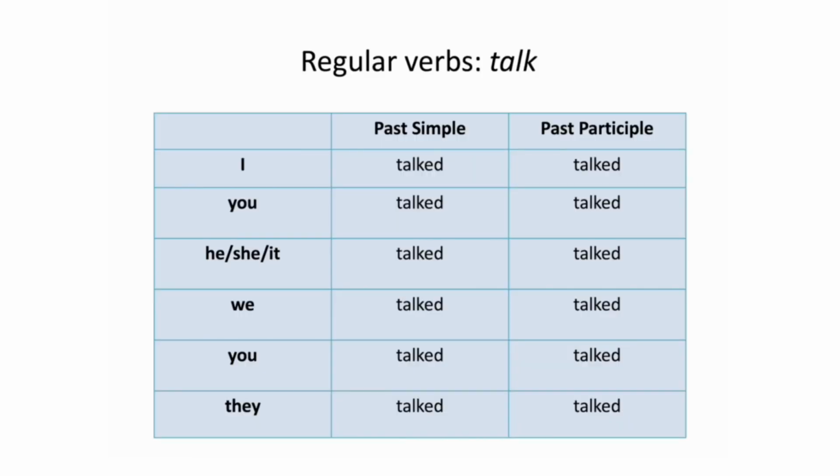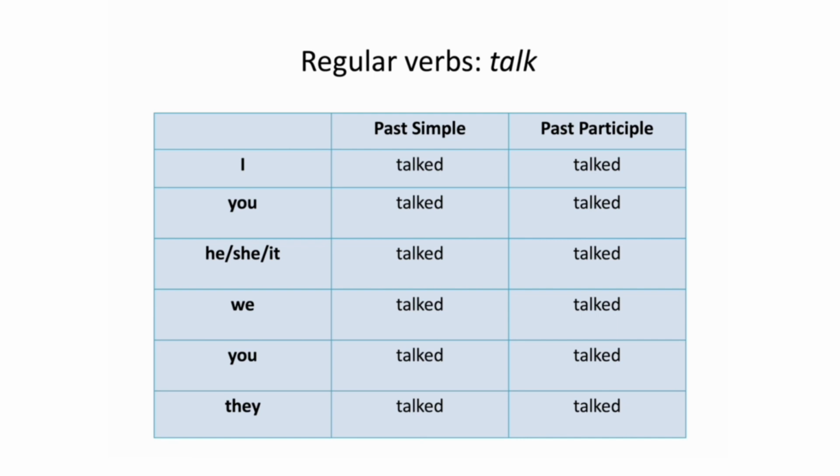Great. Now that we know the functions of the present perfect, let's learn more about its form. To use the present perfect, we must use the past participle. In our lesson on the past simple, we learned that to form the past simple tense of regular verbs, we add ed to the end of the infinitive form.